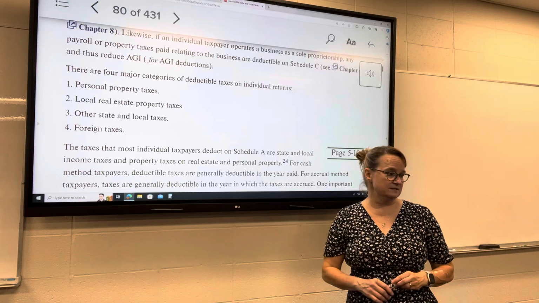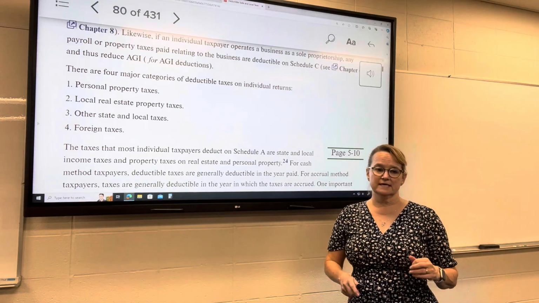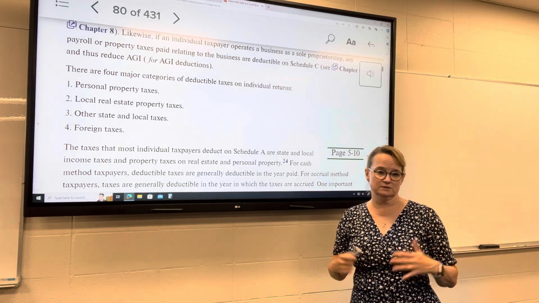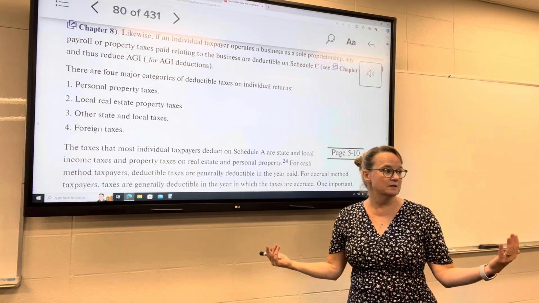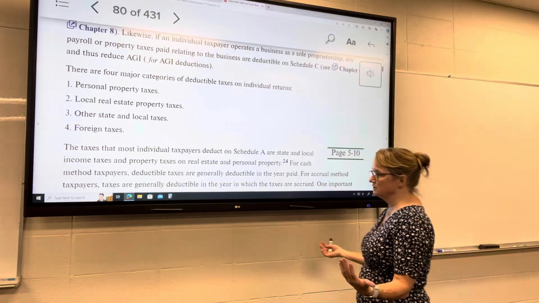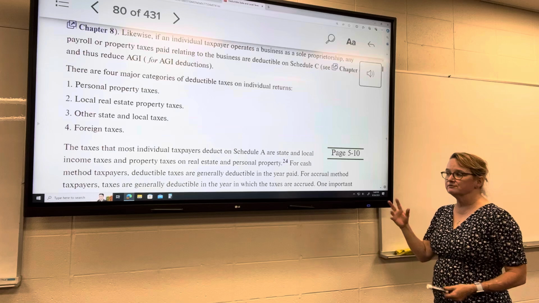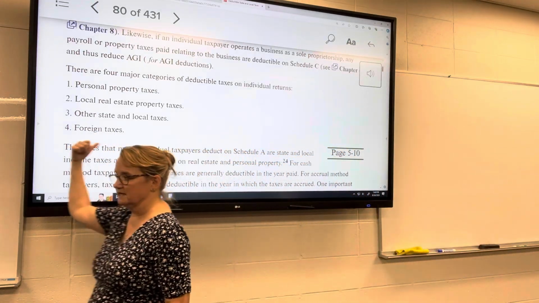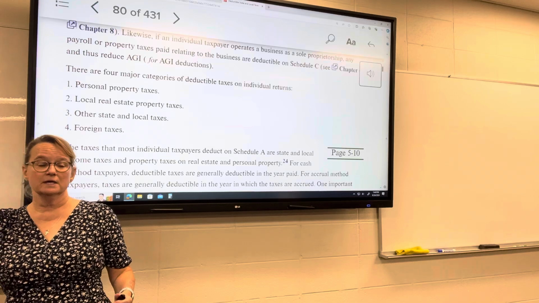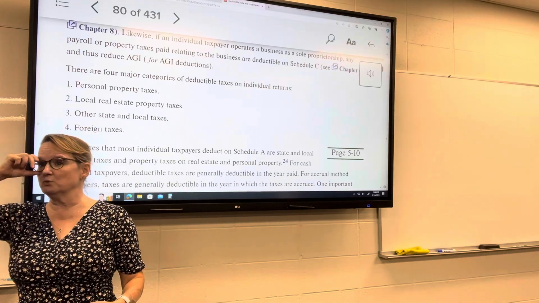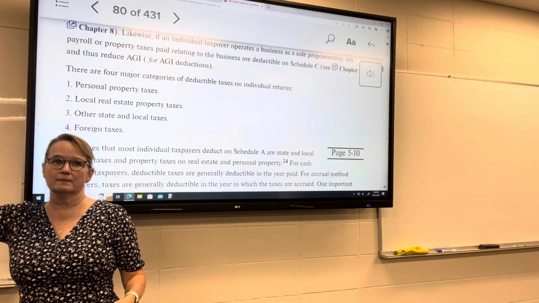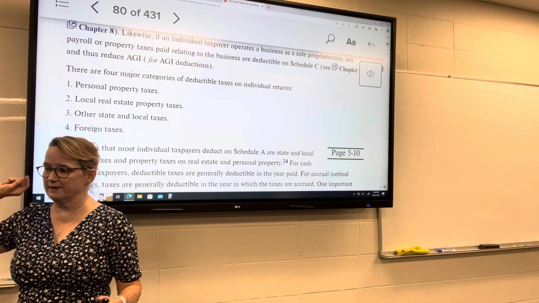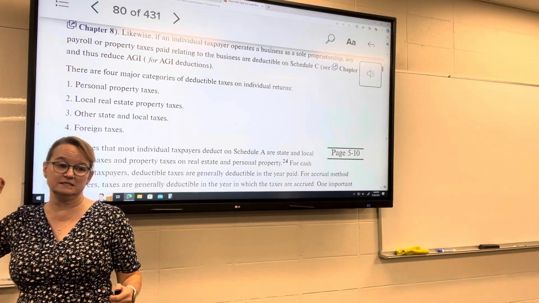And then foreign taxes. So these are taxes that you had to pay because you had some sort of obligation to a foreign country. There are two different things that can be done with regard to foreign taxes. There's also a foreign tax credit, which we're going to talk about in a later chapter. For most folks, the foreign tax credit is more beneficial than the foreign tax deduction.